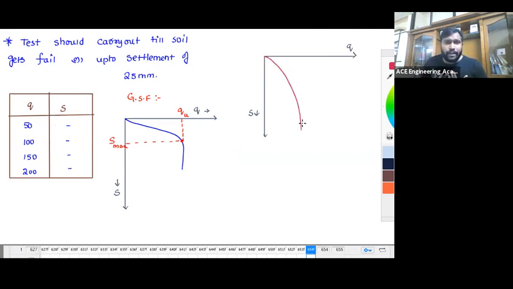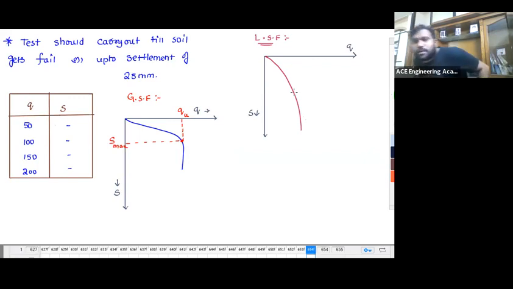I am not seeing a failure point and I am going up to a settlement of 25 mm. Then what type of failure is this? This is nothing but local shear failure. Sir, in this local shear failure, I am not able to get the failure load. What to do? See, this is a normal graph. If the curve goes like this, you can simply say this is the failure point.